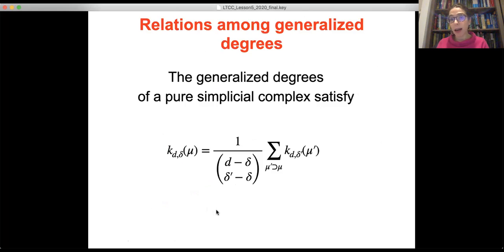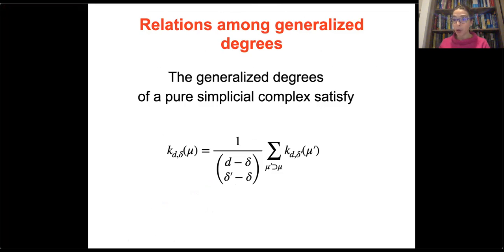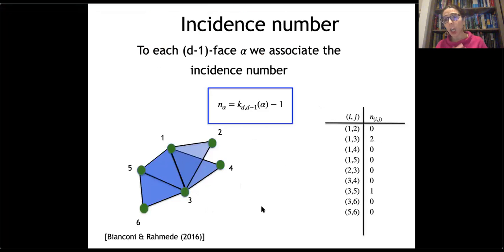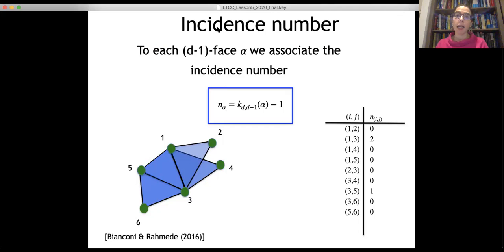And these generalized degrees of a pure simplicial complex satisfy a combinatorial relation, which is quite neat and can be defined using the adjacency tensor. You can also define the incidence number, which for a (d-1)-face of a pure d-dimensional simplex is the generalized degree minus 1.